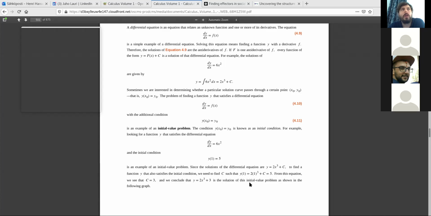I don't know of any practical engineering problem in which you use the derivative that does not result in a differential equation. So differential equations are the thing that we are aiming for, really.